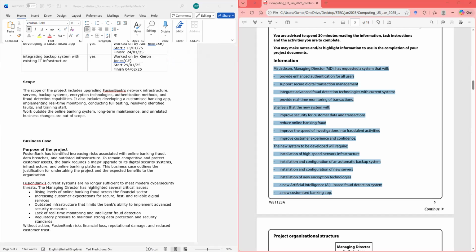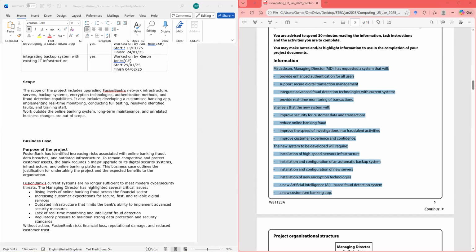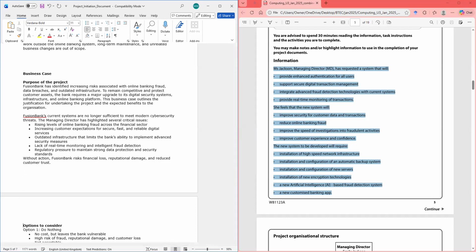Option one is they could do nothing. All right, let me type it in. So the options I need to consider, first of all, option one, do nothing. If you do nothing, there's no cost, but it leaves the bank vulnerable, with high risk of fraud, reputational damage, and customer loss. This is not acceptable. So those are the options that I need to consider.